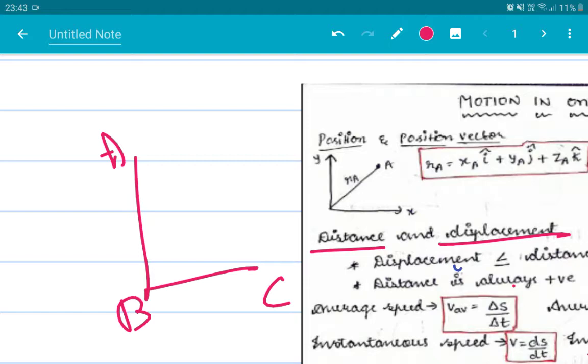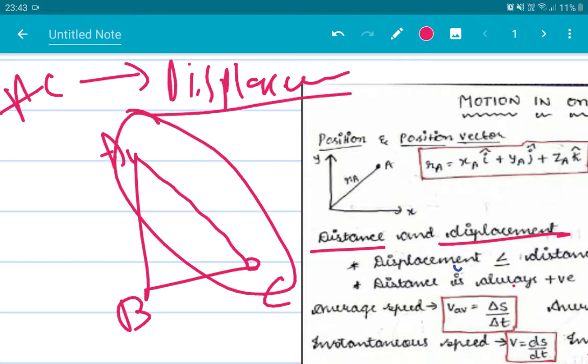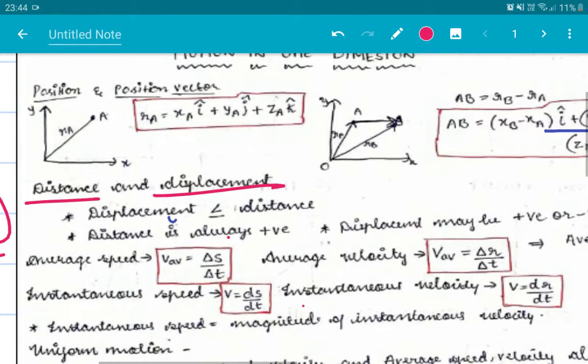But displacement is the shortest path, which is AC. So this AC is the displacement, and A to B to C is the distance.